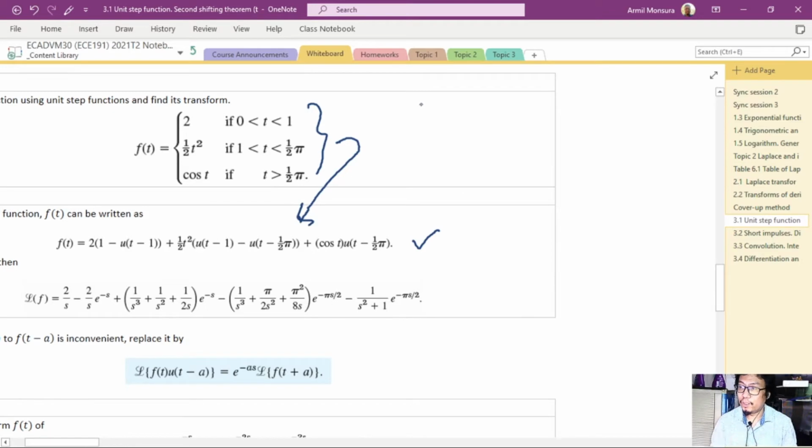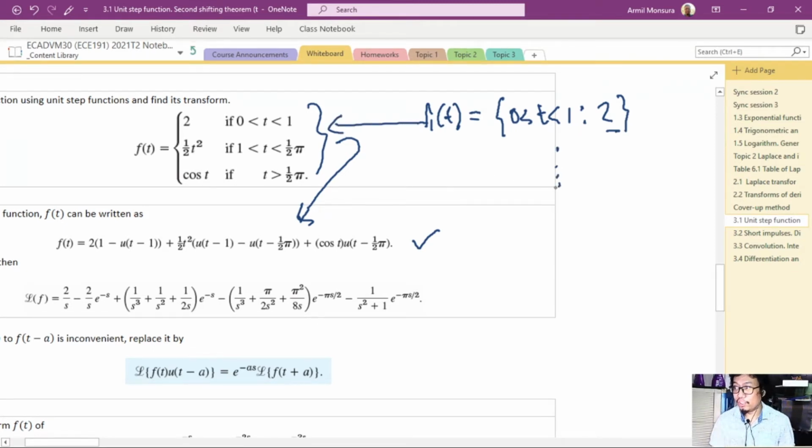In Desmos, the first interval can be assigned, for example, f1 of t, which is equal to, for t between 0 and 1, you use colon 2. That graphs f1 of t as 2 between t equals 0 and 1. That graphs this first interval.